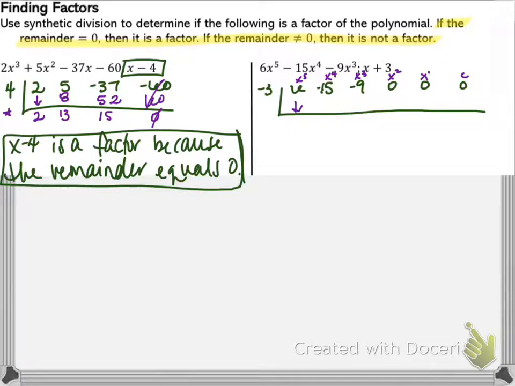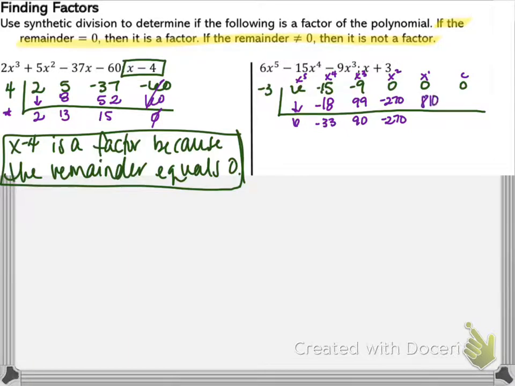Carry down the 6 first. We get negative 3 times 6, which is negative 18. Add downwards. They're the same sign, so we get negative 33. And negative 33 times negative 3 gives me positive 99. Add downwards to get a positive 90. Multiply that to get a negative 270. Add downwards to get, well, negative 270.